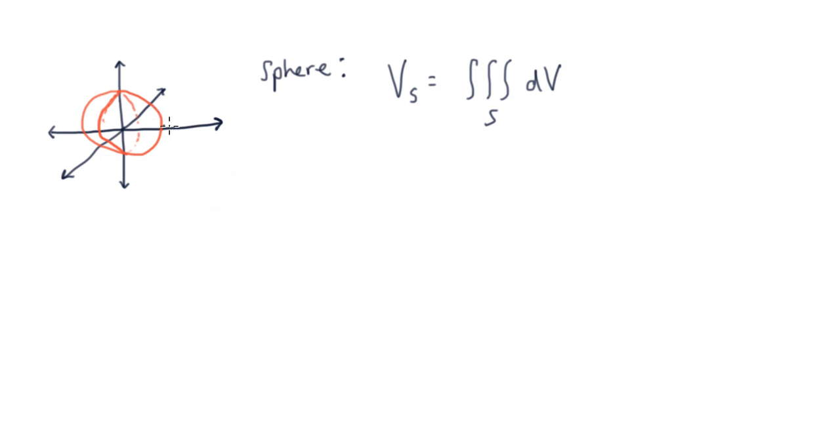And so, the cool thing here is, for a little volume element in my sphere, dV, I'm just going to describe it in spherical coordinates. I just have to think, where am I going between? For rho, I'm just going from 0 up to the radius of the sphere. For theta, I'm going all the way around, because a sphere includes all of the angles, 0 to 2 pi.